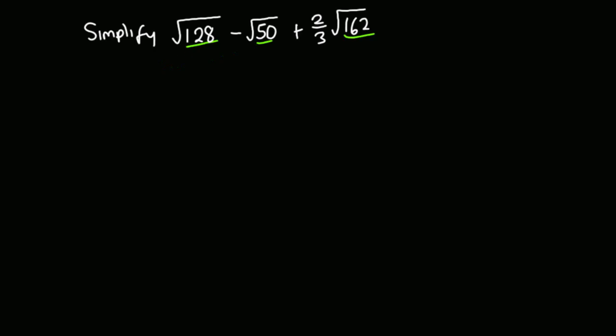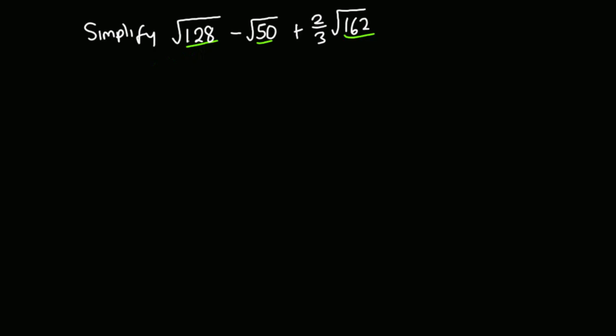So to do that, you first of all get your calculator and start dividing the numbers by 2. If upon dividing by 2 you end up with a perfect square, then it means that the number can be written as that perfect square times the prime number, or let's say the 2.